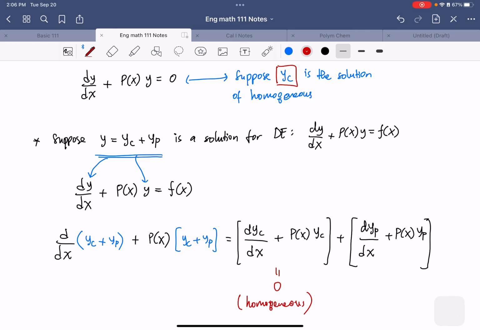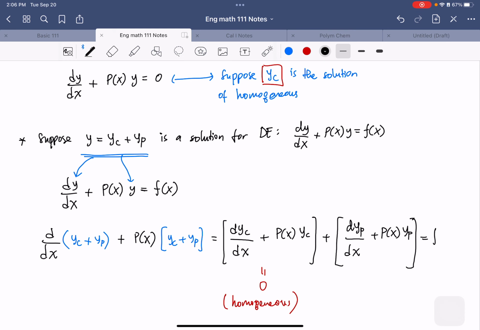And this part here is perfectly our solution for this f of x.